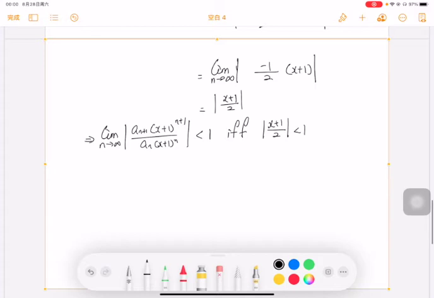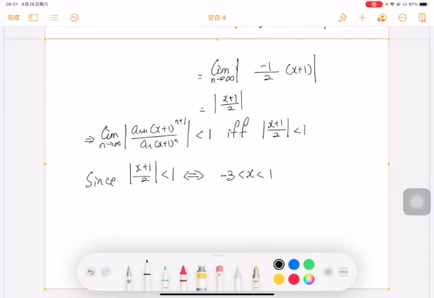Of course we get x plus 1 divided by 2 is smaller than 1. This is equivalent to writing minus 3 is smaller than x smaller than 1.